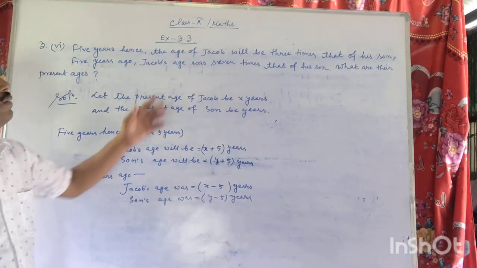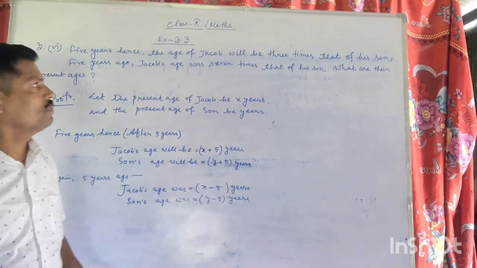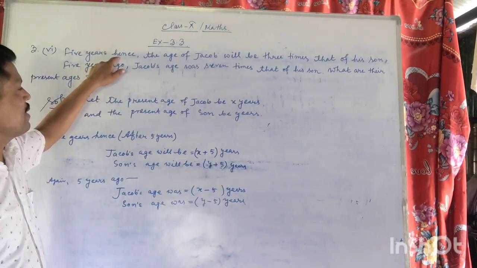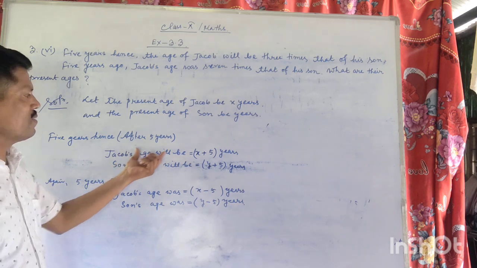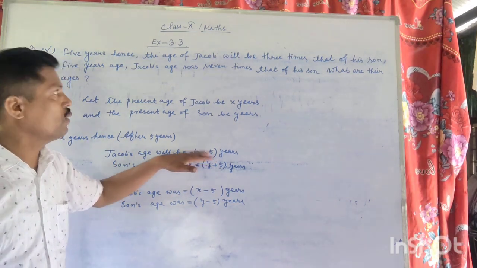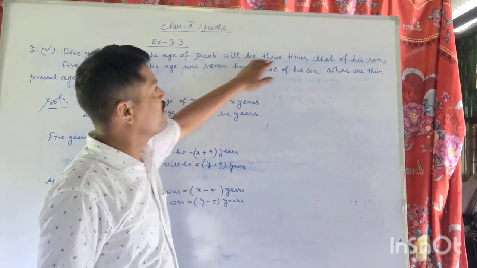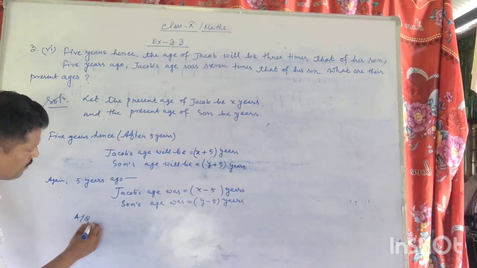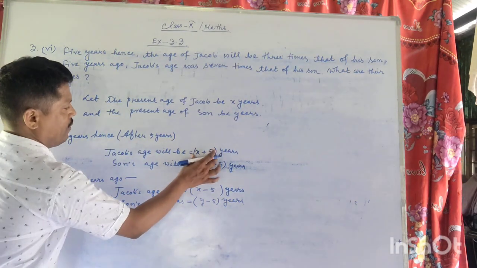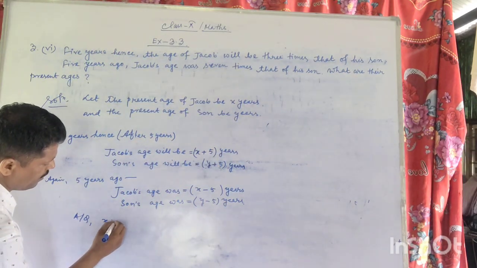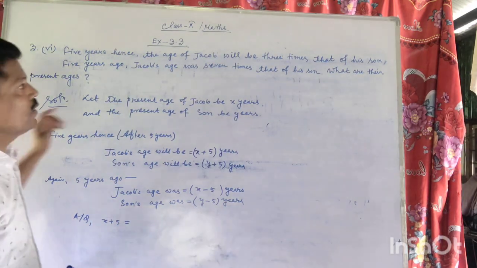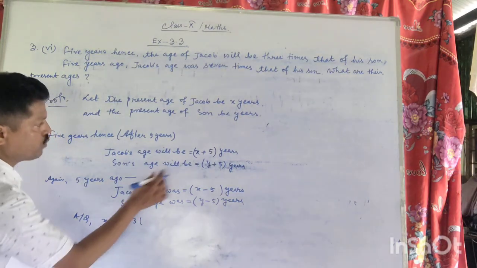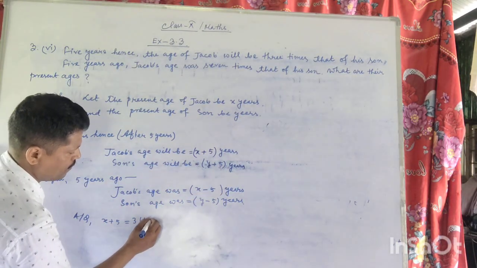Now come to the condition. The condition is on the age of Jacob. 5 years hence, that means after 5 years, Jacob's age will be 3 times that of his son. So according to the question, Jacob's age after 5 years, X plus 5, is equal to 3 times that of his son, that is Y plus 5.